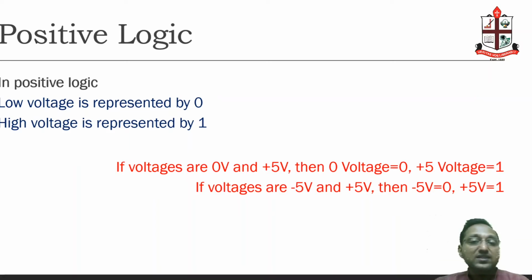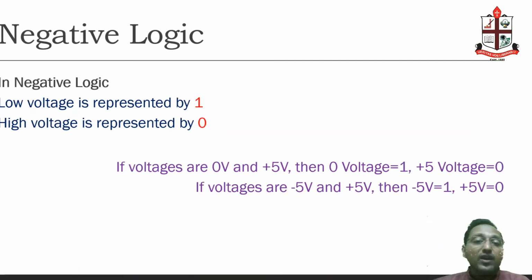And if the voltages are minus 5 and plus 5 voltages, minus 5 voltage will be represented by logic bit 0 and plus 5 voltage will be represented by logic bit 1. It is the other way around in the case of negative logic, where a low voltage is represented by logic bit 1 and a high voltage is represented by logic bit 0. Again, the same example, we have 0 voltage and plus 5 voltage.